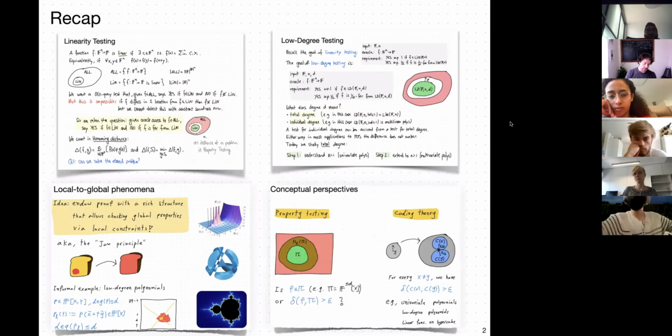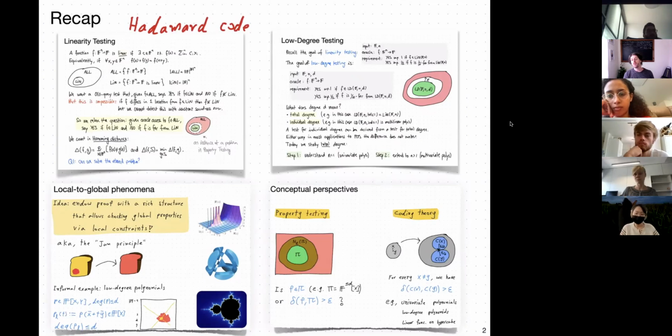So when we discussed linearity testing, we were actually referring implicitly to the Hadamard code. And what is the Hadamard code? You want to take some piece of information. Maybe it's a proof that a graph is 3-colorable. Maybe it's just anything that we would like to communicate. And then what we do, we represent that information by looking at the message, the information that we want to encode, and taking its multilinear extension.